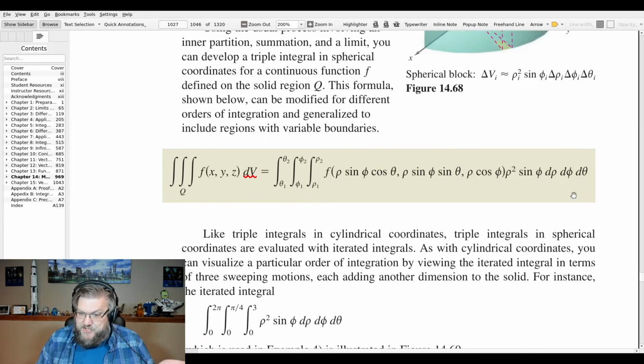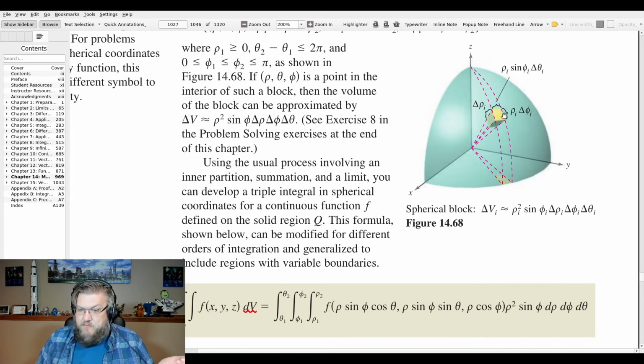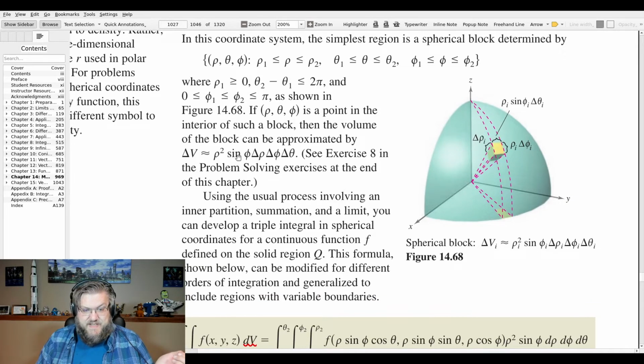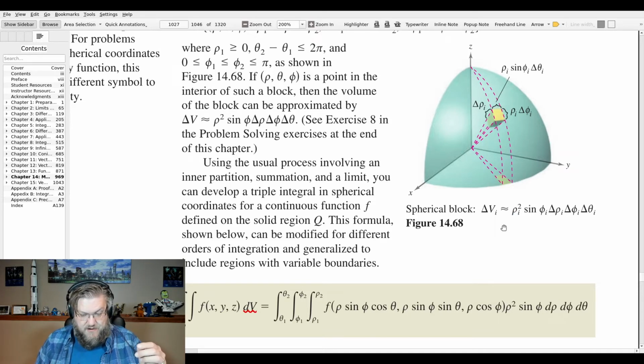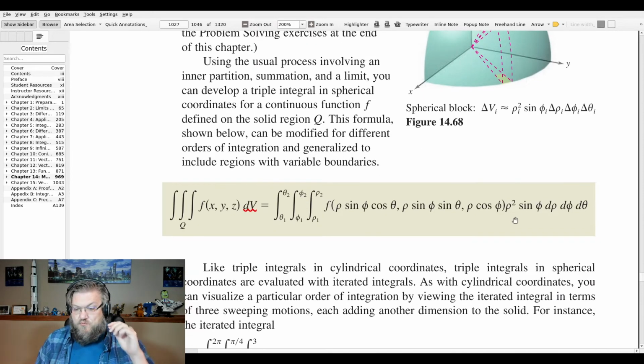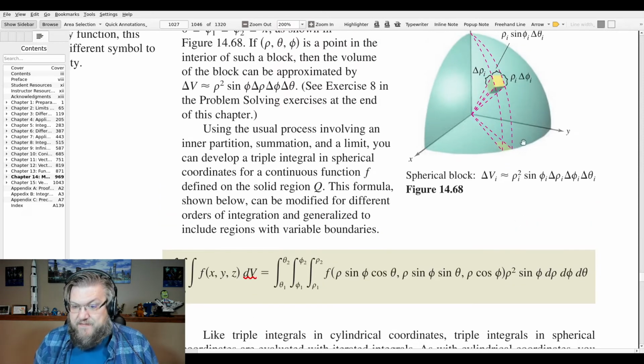Well, as you can imagine, finding the volume of this spherical block involves something like this, and it can be approximated by this little thing in front. And the extra baggage, the extra thing that comes out instead of the r, in spherical comes out as rho squared sine phi. And that is simply because that comes out when you're trying to find the volume of this spherical block.